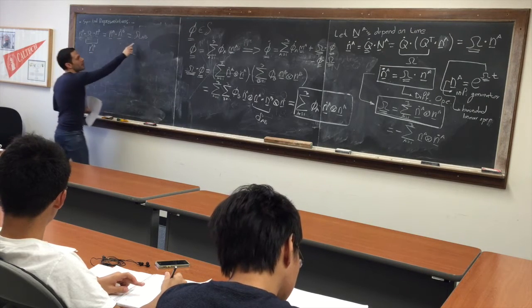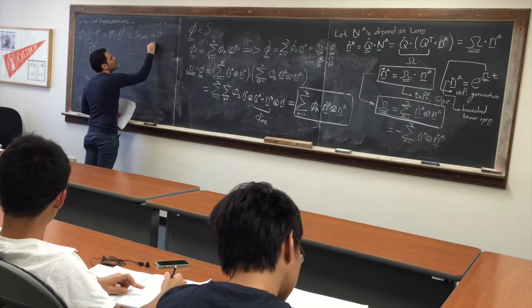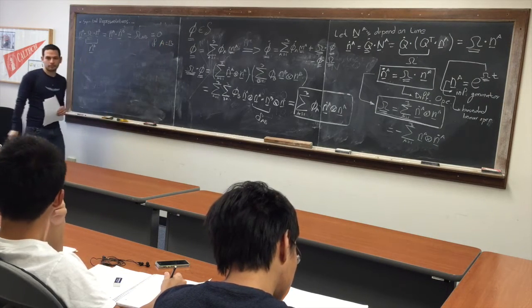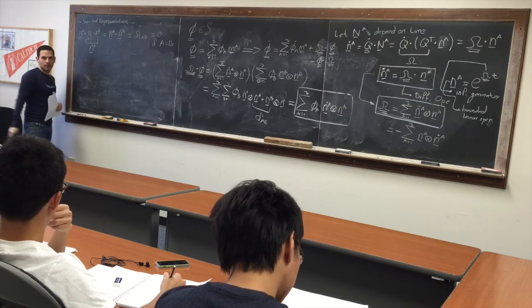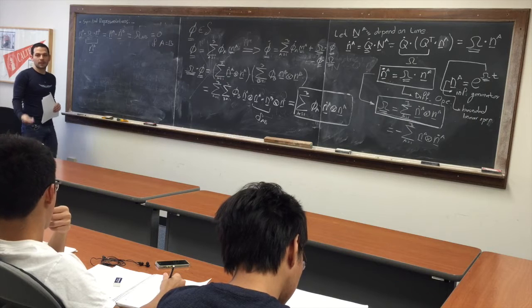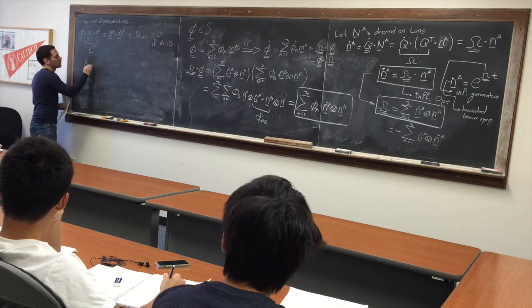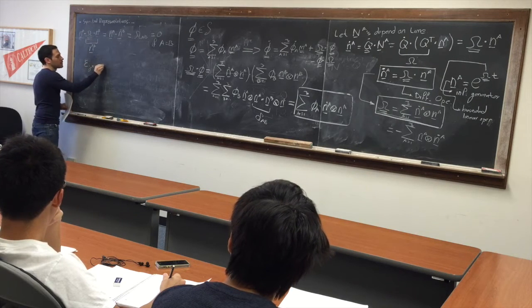Now this omega AB is equal to 0 if A is equal to B. Right? It behaves like the pseudo tensor, the Levi-Civita permutation symbol, right? When i equals j equals k, this is 0.